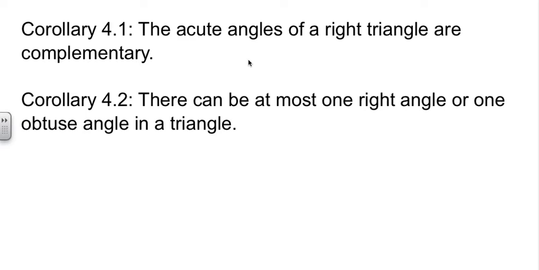Well, if two angles add up to 90, we call that complementary. So that's what this corollary is talking about. Our other corollary, and we hinted at this in the previous section, you can have at most one right angle or at most one obtuse angle in a triangle.